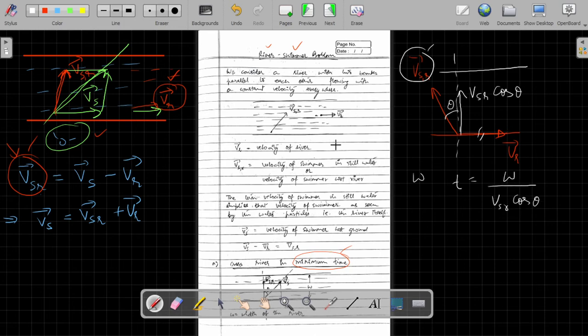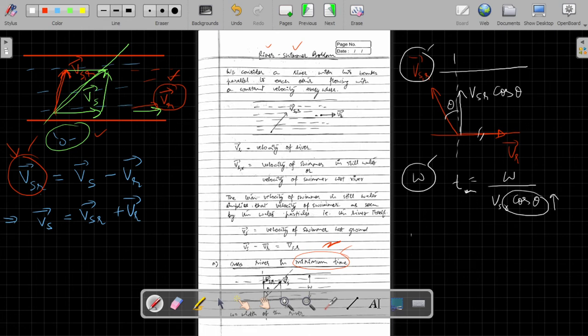Since our condition specifically states that you have to cross the river in minimum time, what would you do? You would orient the complete velocity of the man perpendicular to the bank of the river, so that you get the complete capacity for crossing the width of the river, W, and we are able to cross in minimum possible time. We simply take the maximum value of cos theta, which comes when theta is 0.